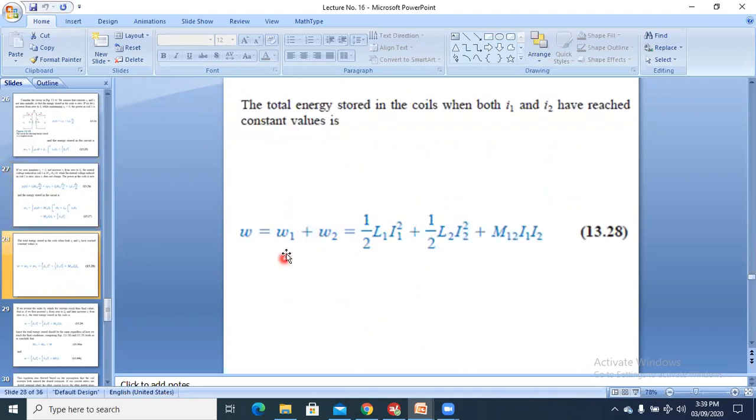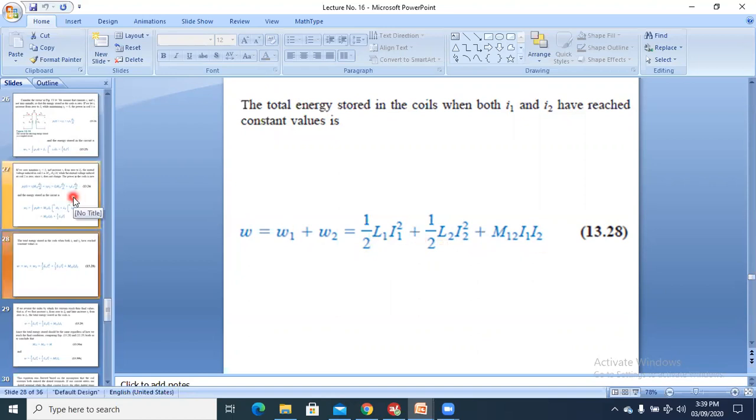So the energy stored by coil 1 and the energy stored by coil 2 sum up to give this value. So this is half L1 I1 square plus half L2 I2 square plus M12 I1 I2, right?